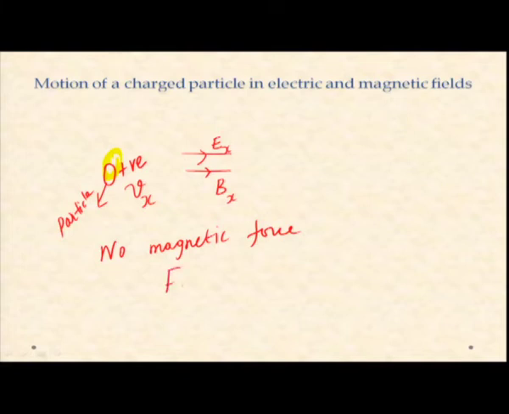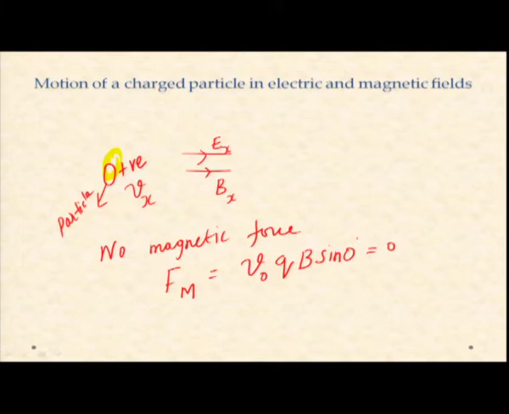That means Fm is equal to the velocity of the positive charged particle times the charge of the particle times the magnetic field, times the sine component, the perpendicular component of the magnetic field. Here there is no angle between the velocity of the particle and the magnetic field. So sin 0 is equal to 0. So the magnetic force is 0.